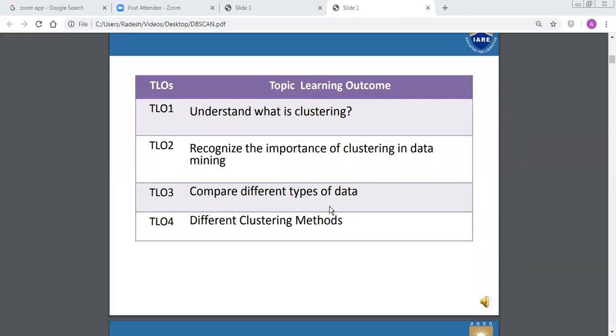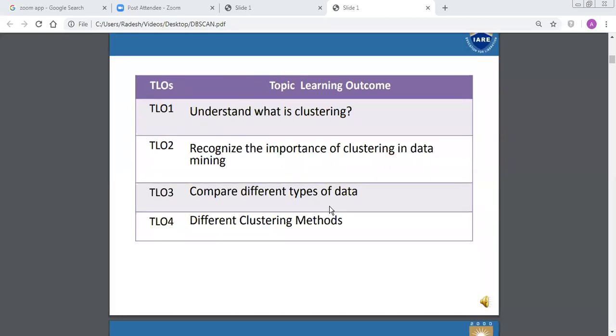Today's learning outcomes are things which keep following for this entire week, because for this entire week we are going to cover the entire clustering topic, starting from what is clustering, recognizing the importance of clustering in data mining, and comparing different types of data, which we have already done.